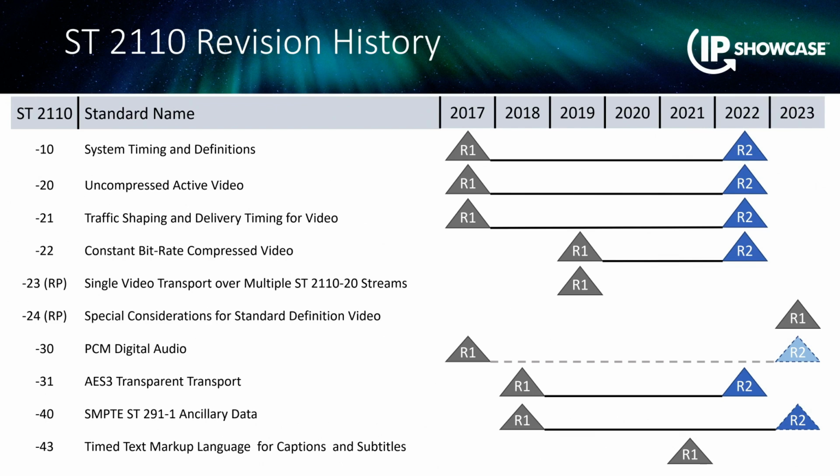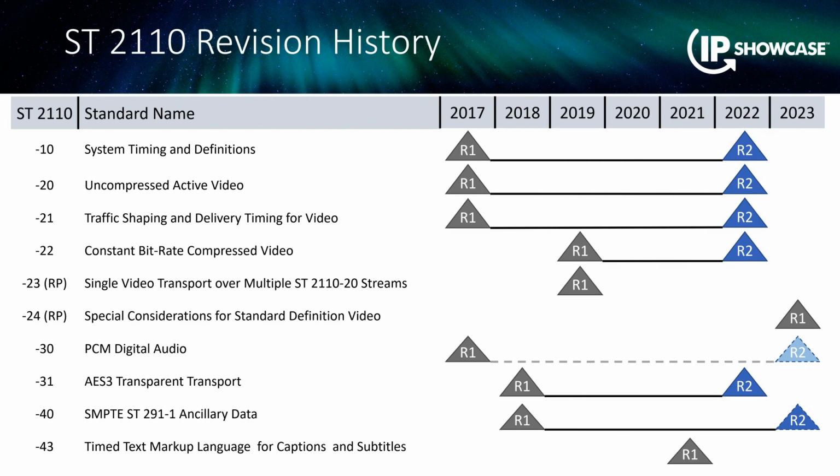And then we have in the middle a couple of things that are new additions to the video spec. We have 2110-22, which is the support for constant bitrate compressed video. We have 2110-23, which, as you can see there, is listed as an RP. So rather than being a standard, this is a recommended practice.